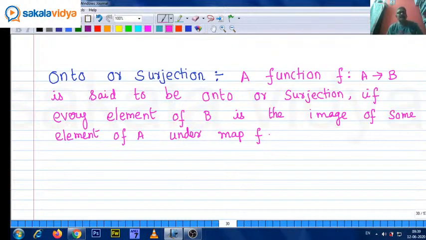If it is not an onto function, then it is called an into function.